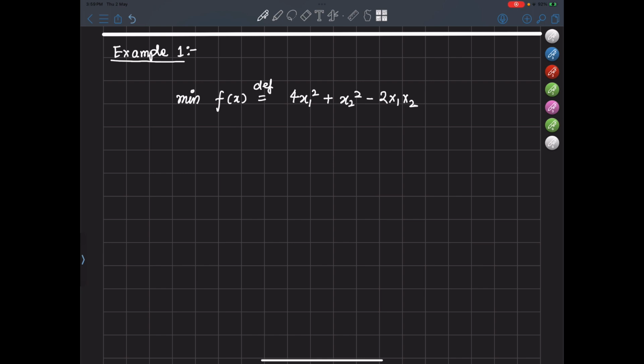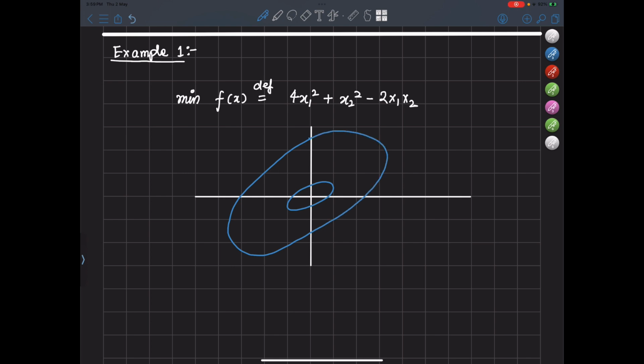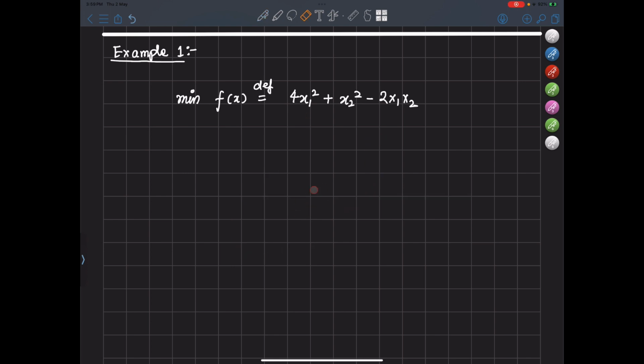So let's draw the contour map of the function.